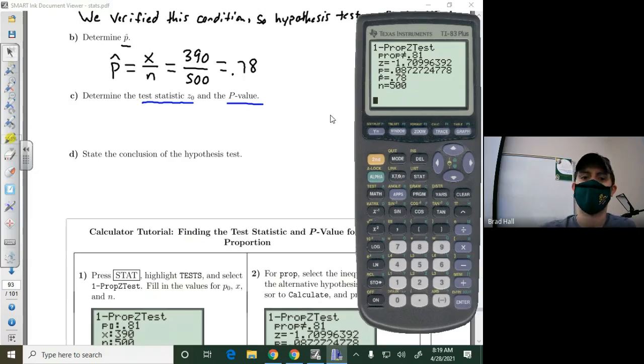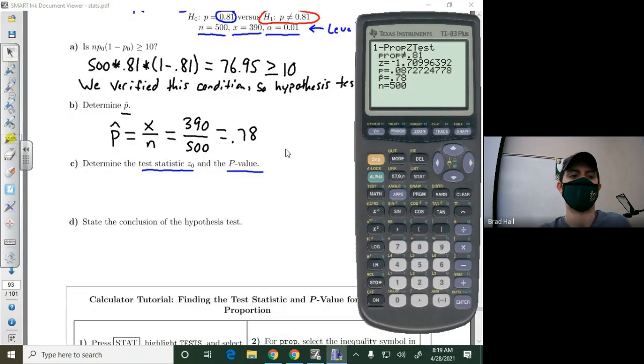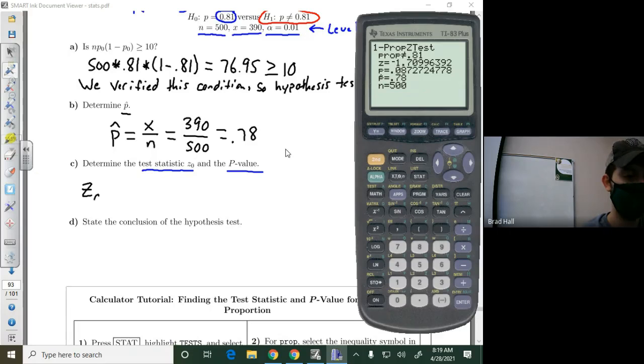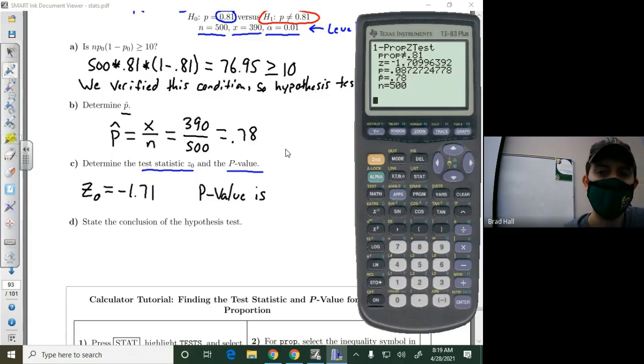It actually gives us a good bit of information here. So the calculator tells us that the test statistic is negative 1.7, we'll call it 1.71, and that the p-value is 0.087.